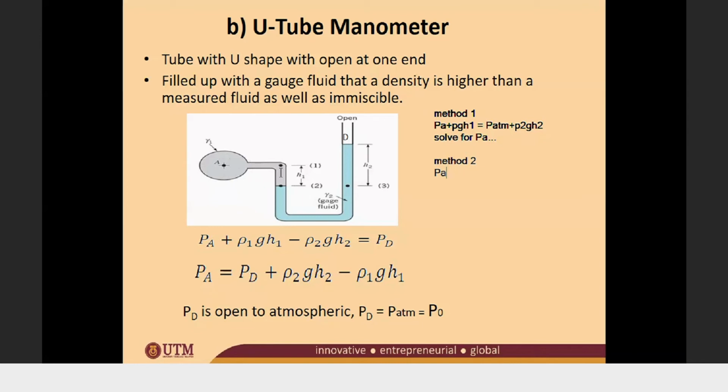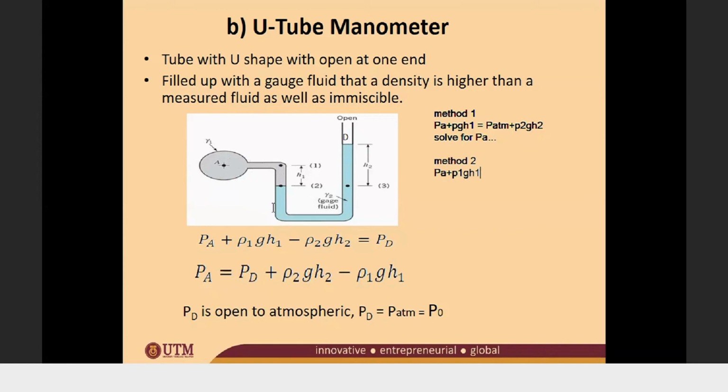When you go down, the pressure will increase. So you plus rho 1 g h1. You go down again, then horizontal, and you go up. When you go down and go up with the same height, it cancels out.